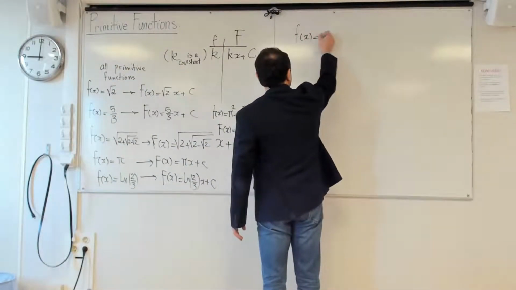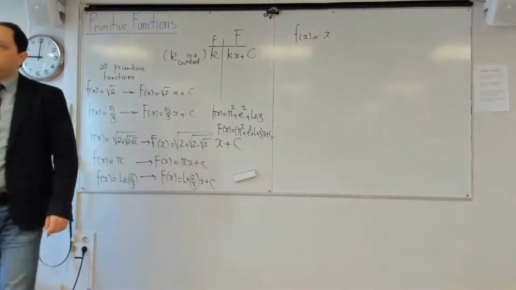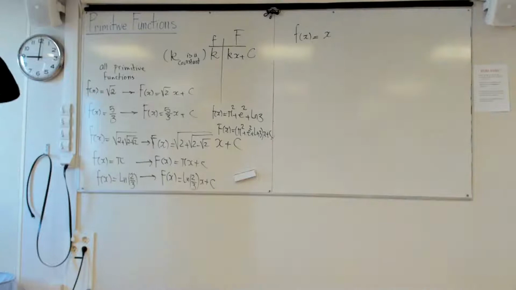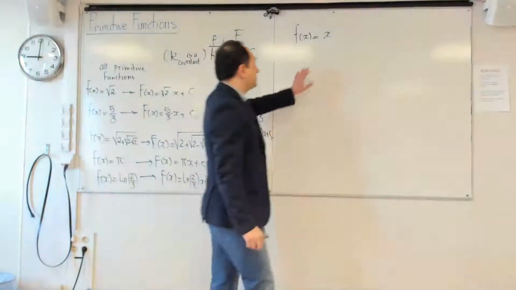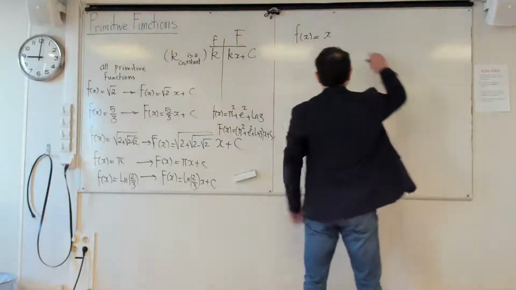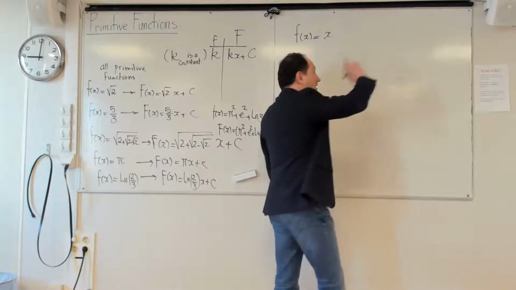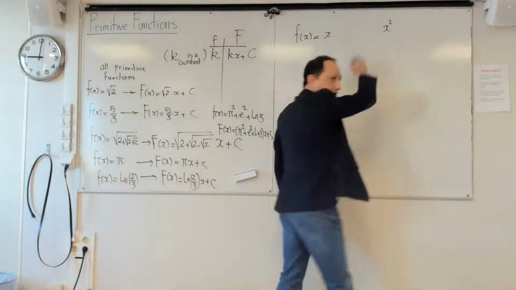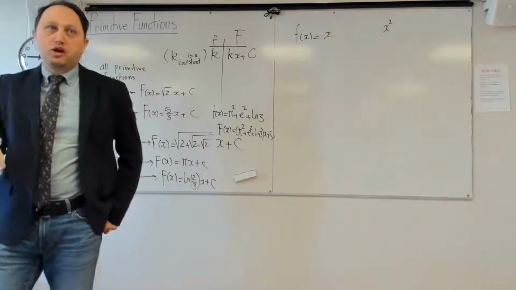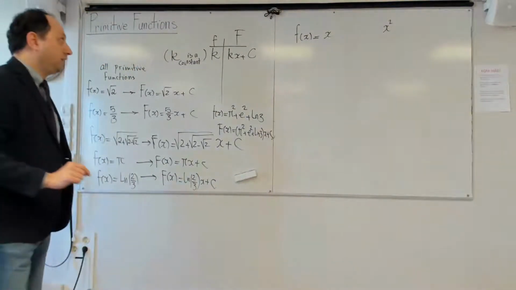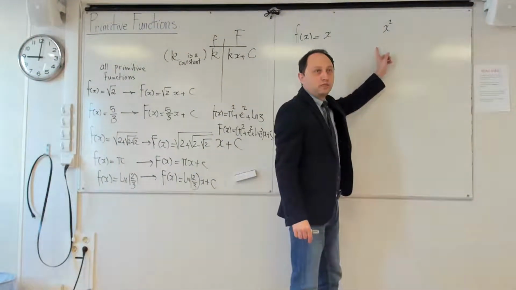Now I am asking you, can you guess a function whose derivative is x? You find some connection. What should that function look like? Yes, x squared at least. Because that's a good candidate, yes? Because if I differentiate x squared, it becomes 2x. But this is a little bit annoying because when I differentiate this, it will bring down a 2 for me.